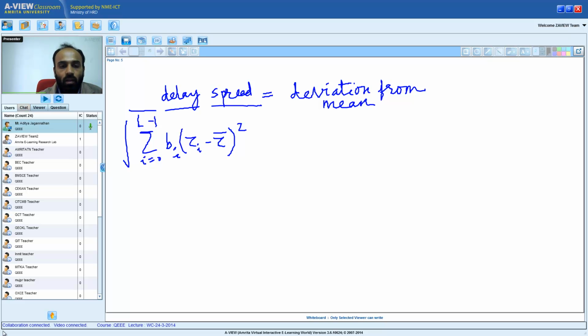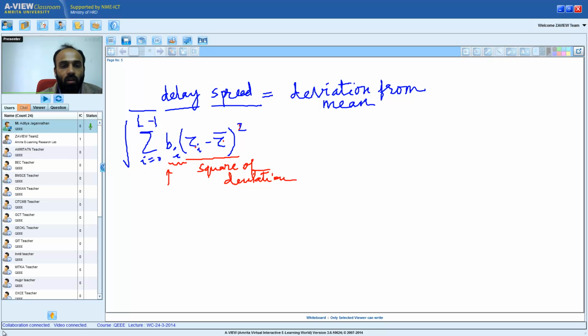Then the square root. Let me repeat what this is. Tau i minus tau bar is the deviation. I'm taking the square of this, so this is the square of the deviation.